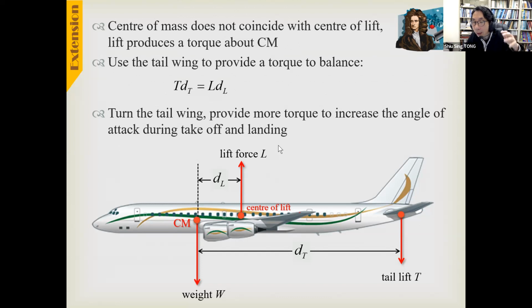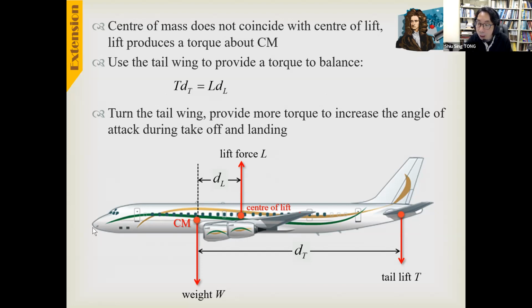Now, when the plane is taking off, people will adjust the tail wing tilted at a high angle, so that the tail lift will be larger. Imagine if this tail lift is larger, then the plane will turn clockwise, and the tail of the plane will be lowering.